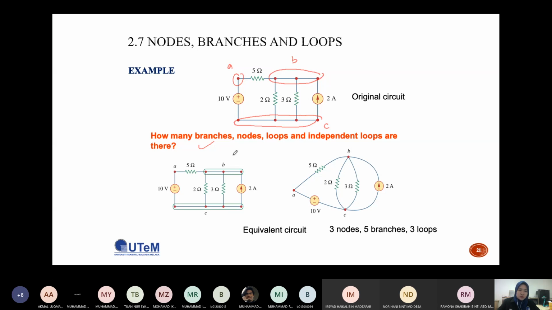If you simplify this circuit, you can redraw it.